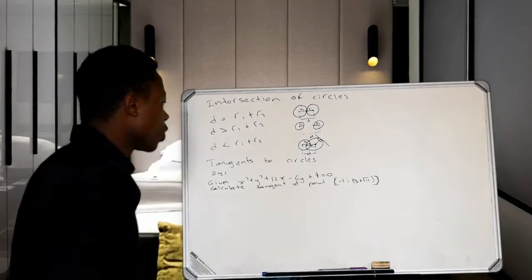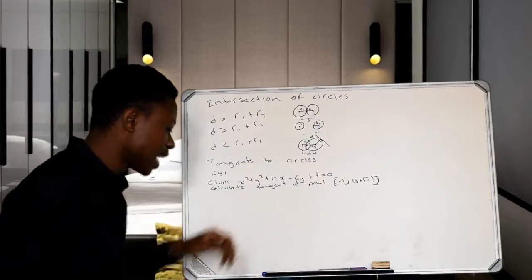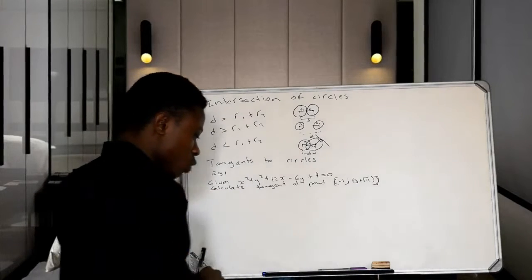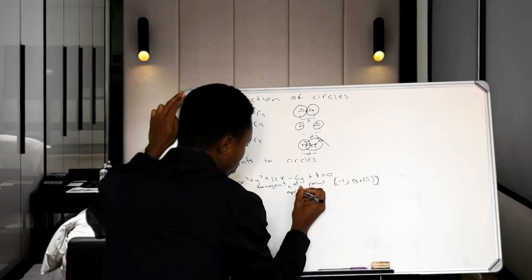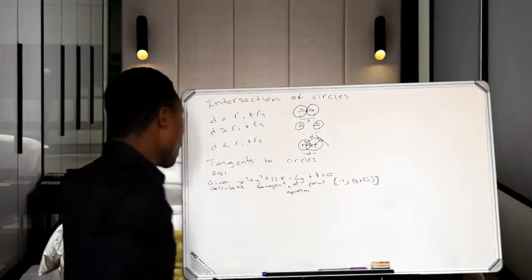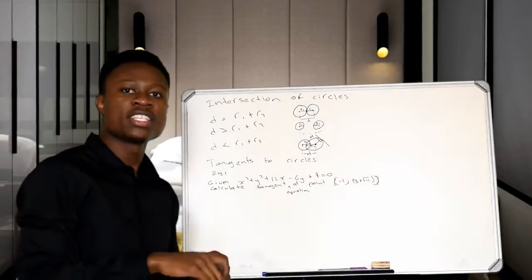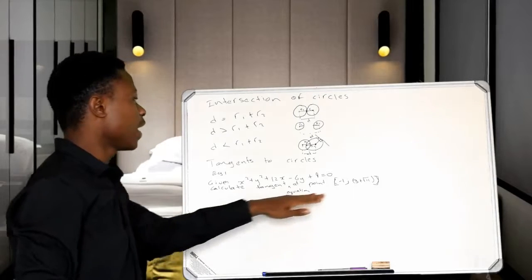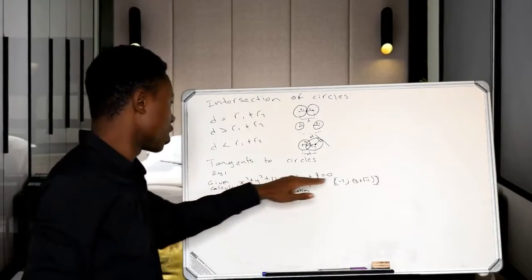So that's what we're looking for. We're looking for the tangent. Calculate the tangent equation. So we're calculating the tangent equation at a specific point on the circle, which is this circle there.